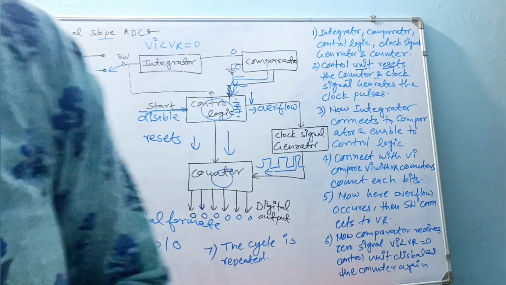If the second comparator creates an output, it comes to the second position. If the third creates an output, it comes to the third position. Likewise, in this manner it creates the output bit stream in digital form. Now this is the working of the flash type ADC.